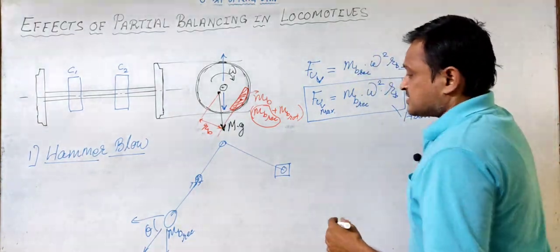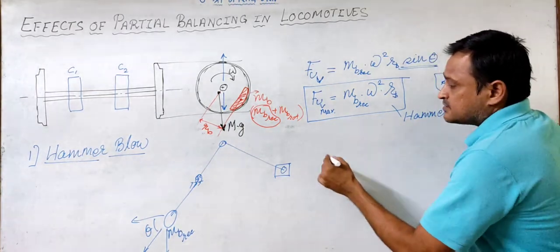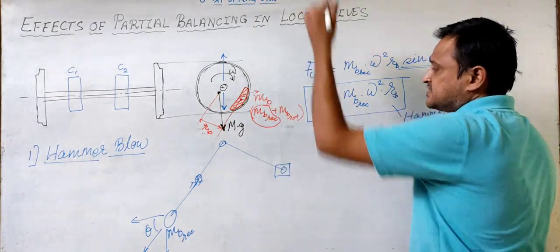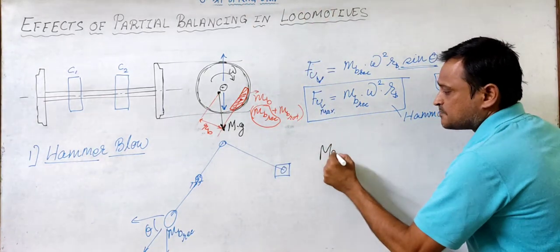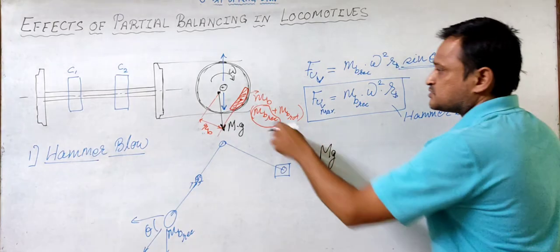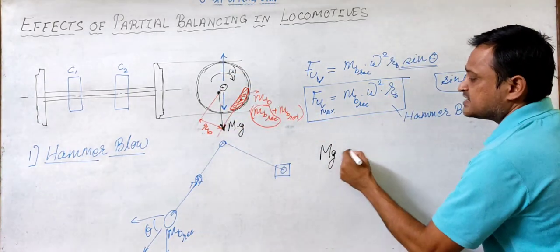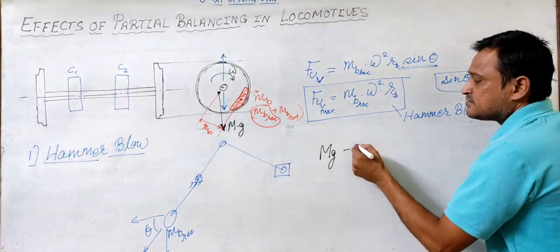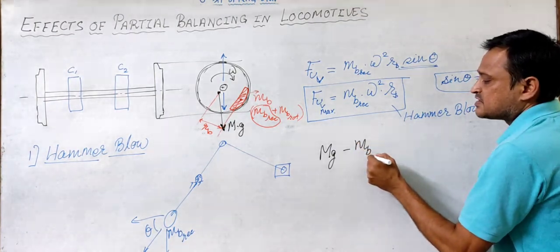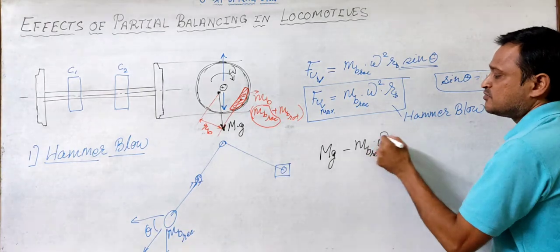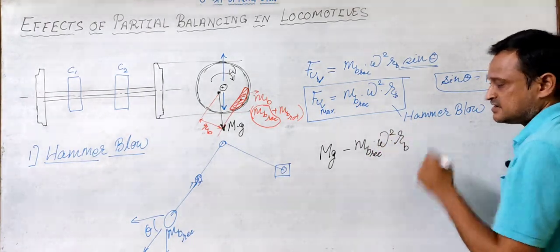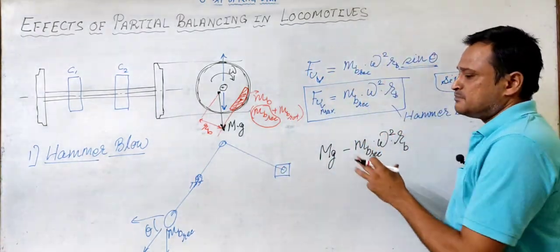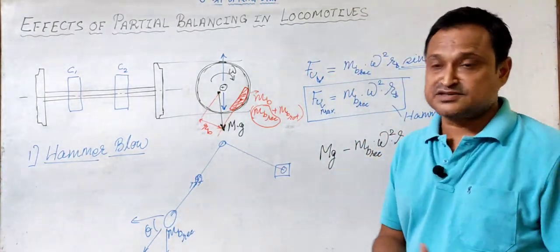So that means if I take the summation, when both these forces act downwards, the maximum value will be m_b reciprocating omega square r_b, right? So this will be the minimum and maximum pressures on the rail.